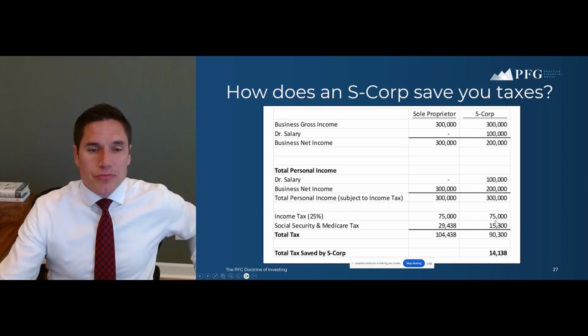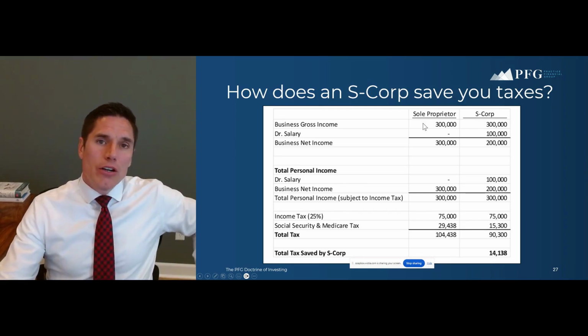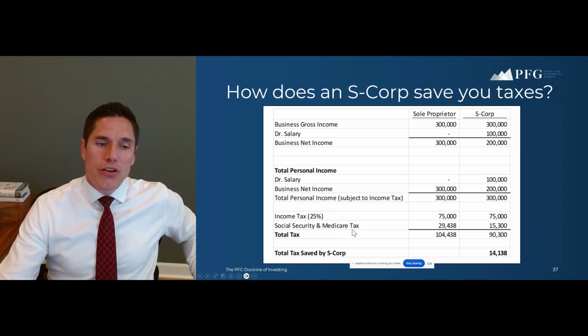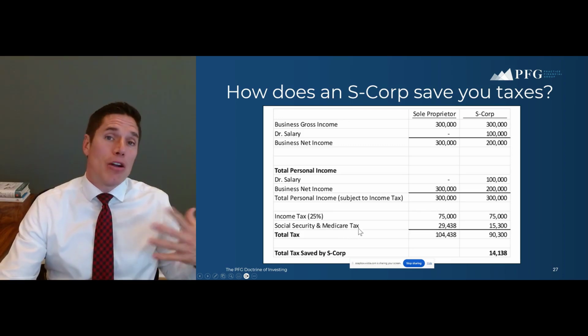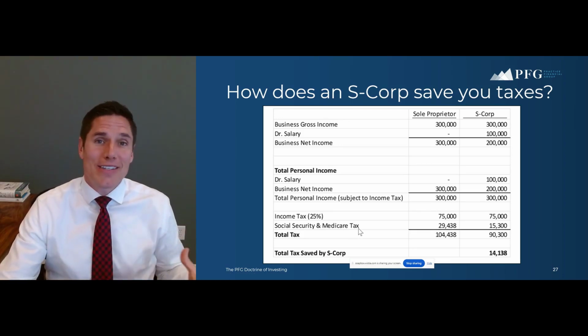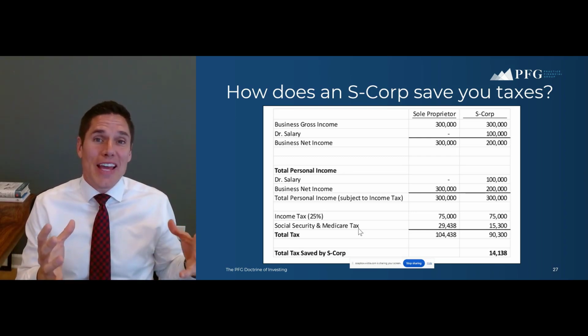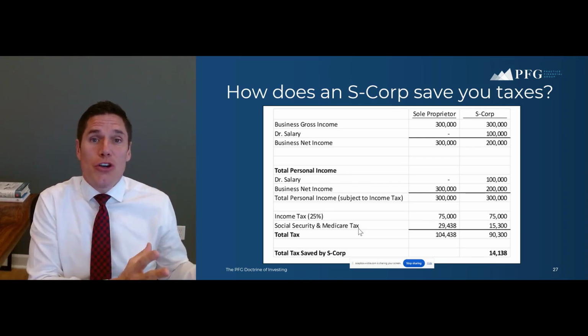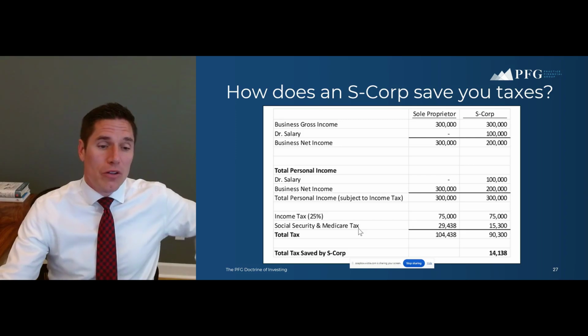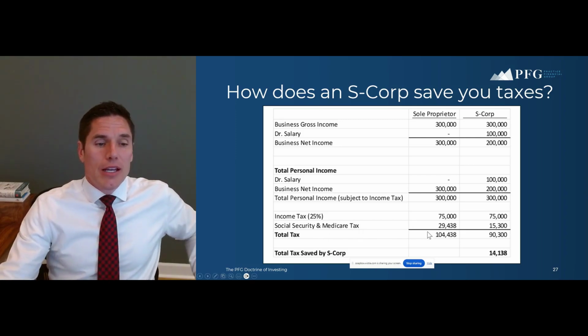Here's the catch. This sole proprietor is going to pay Social Security and Medicare tax, aka payroll taxes, aka FICA taxes, aka self-employment taxes. They're all different ways of saying the same thing: Social Security and Medicare, paying into those wonderful government systems.